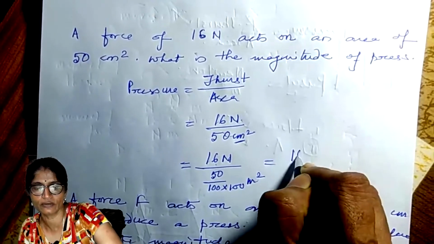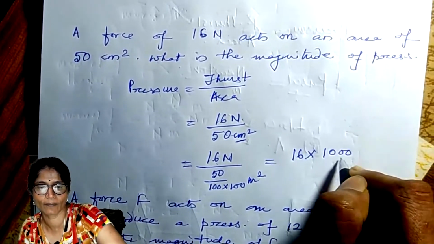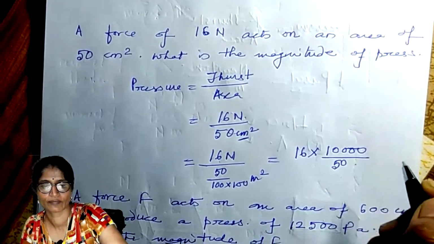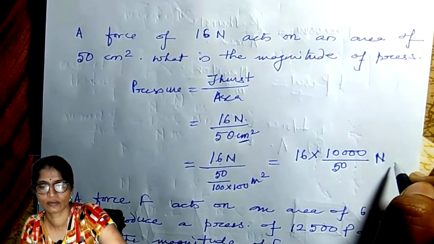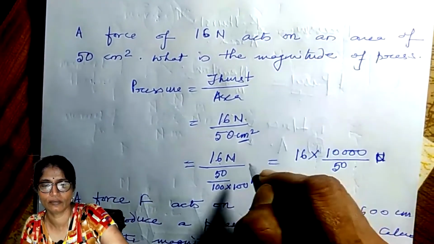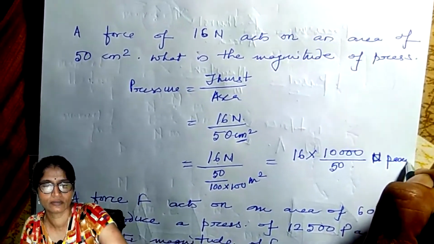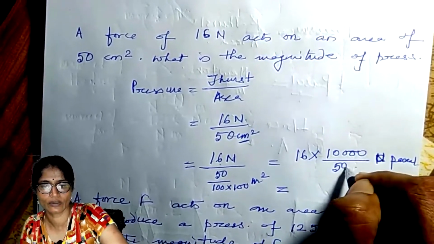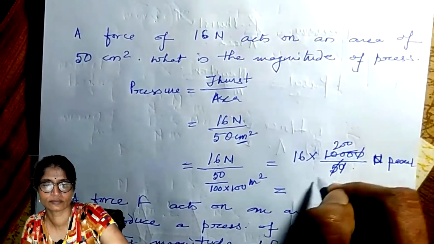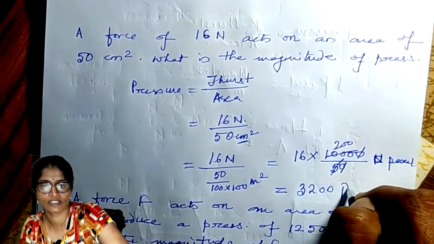So that is equal to 16 into 10,000 divided by 50 Newton per meter square, which is actually the Pascal. Cancelling, we get this much Pascal.